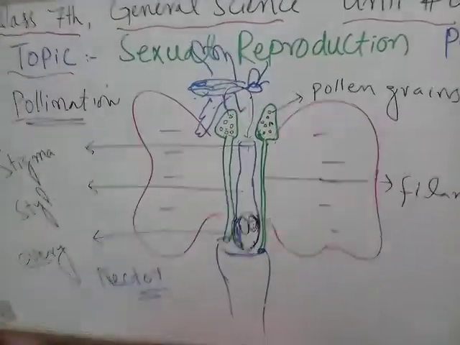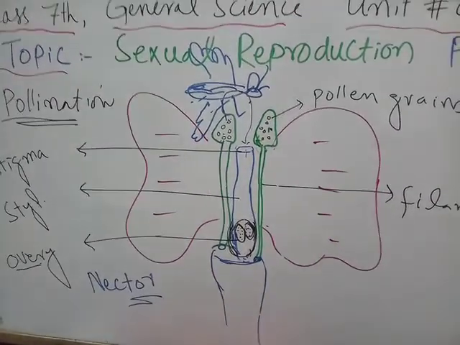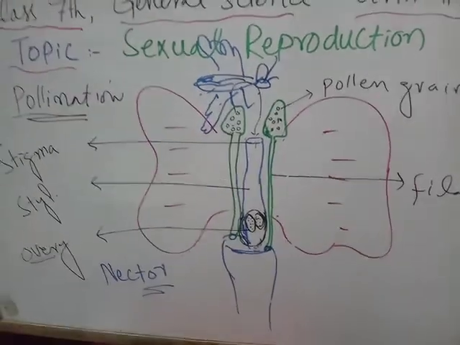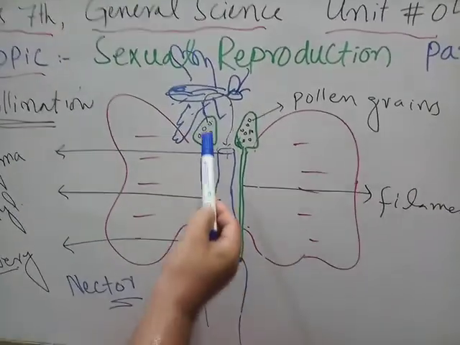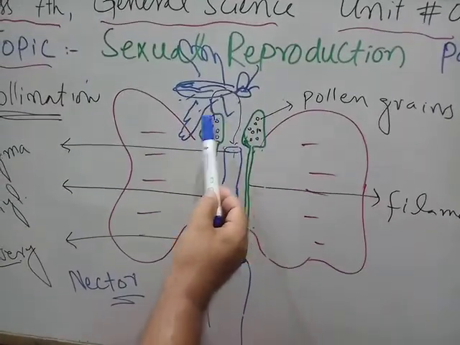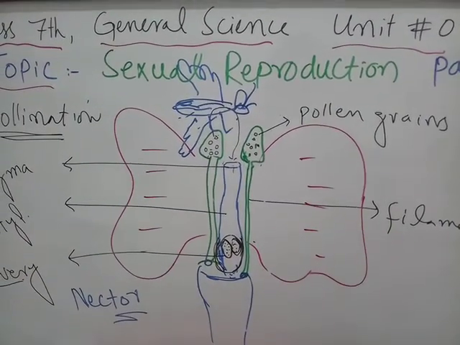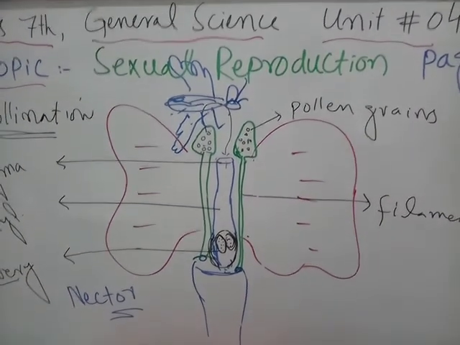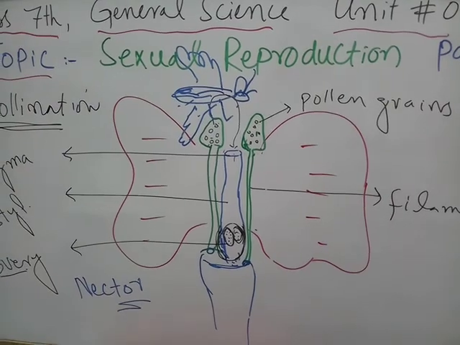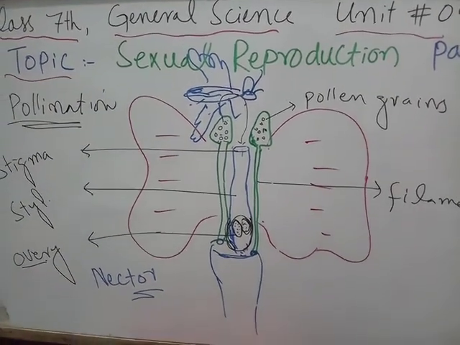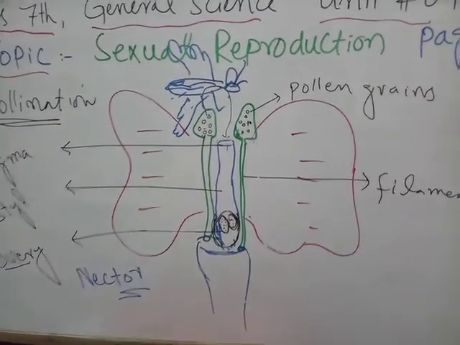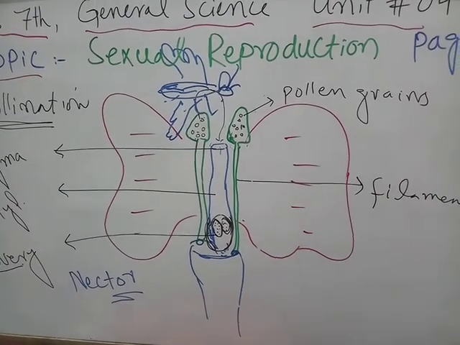There is another type of pollination, which we call wind pollination. In wind pollination, the pollen grains are very small and very light, they have very low mass, and they have wings. They can be blown away by wind.